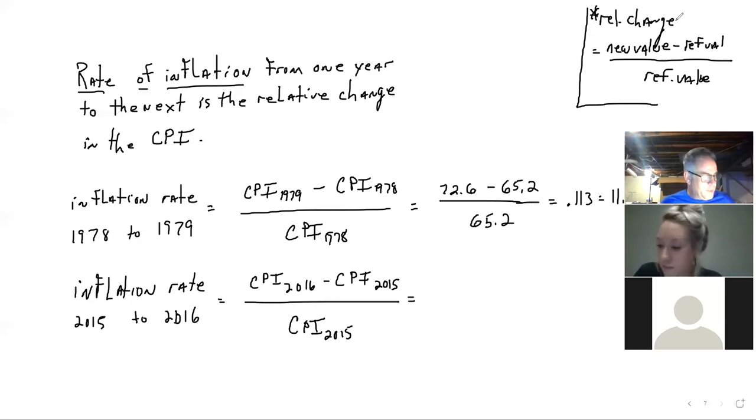Now, shoot, I've lost my whiteboard. There we go. So you would go to your CPI table. CPI of 2016 was 240. CPI of 2015 was 237.